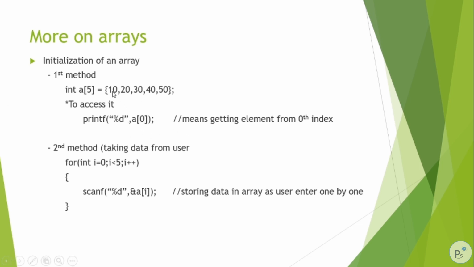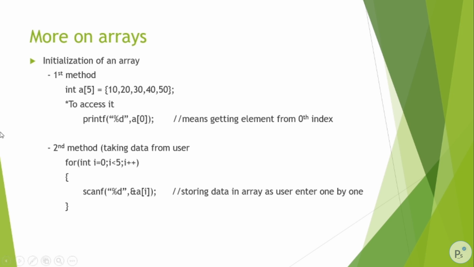So what will be printed here? The value is 10, because we are accessing index 0, getting the element from the 0th index. If we write a[1], then it will get the value 20. In arrays, the indexing starts from 0, which is a very important point.